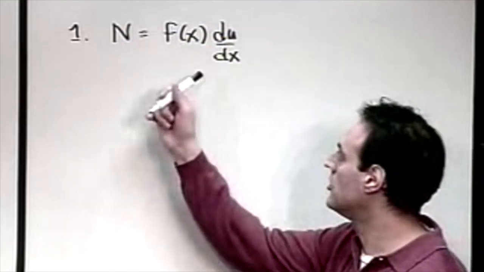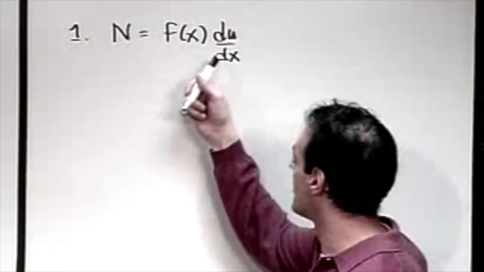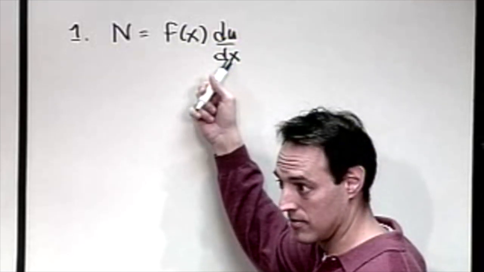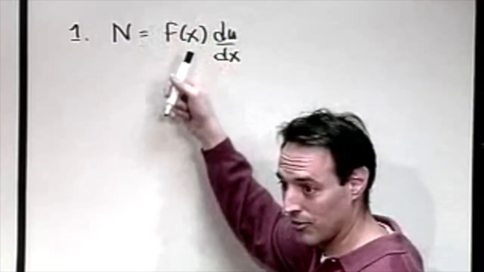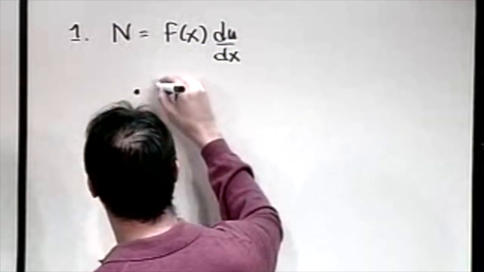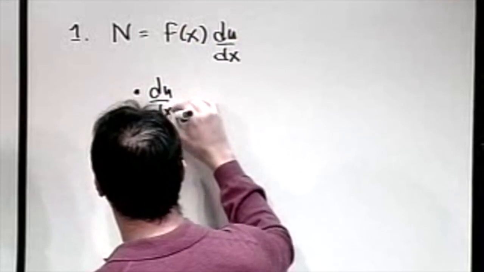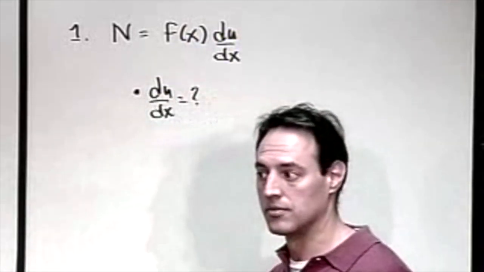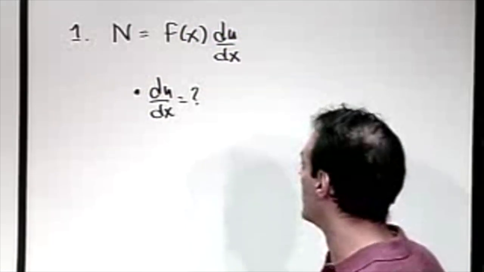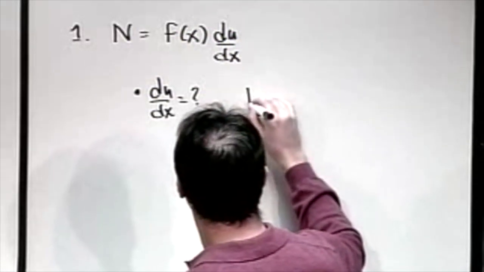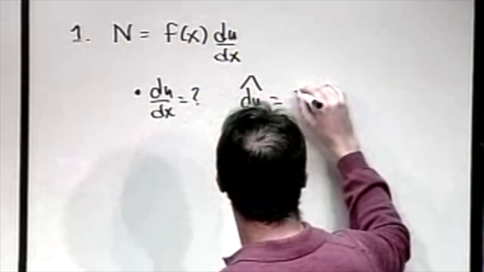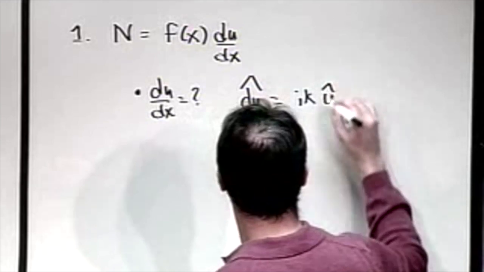Well, that's easy to do, right? But notice, before I Fourier transform it, I have to know what the derivative is. So to calculate the Fourier transform of this thing, there's a couple of steps. First, what's du dx? Well, how do you calculate the derivative? You know that the Fourier transform of the derivative is equal to ik times the transform of the function.